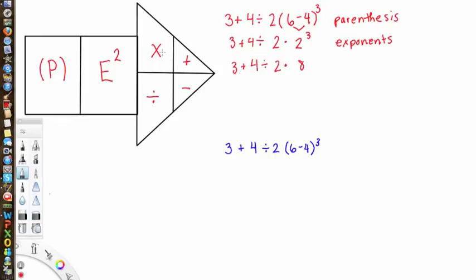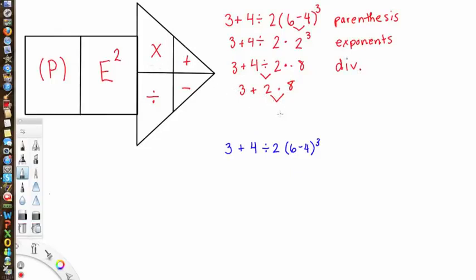Then we look for multiplication and division, and we have both. We will do our division first, because it comes first, left to right. 4 divided by 2 is 2 times 8. And then we have 3 over here with an addition sign. So we did division next. After division, we still have multiplication to do.